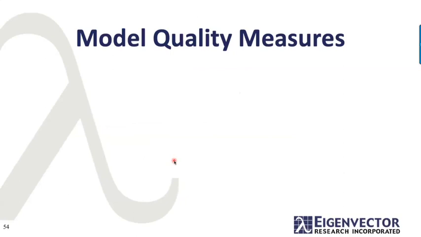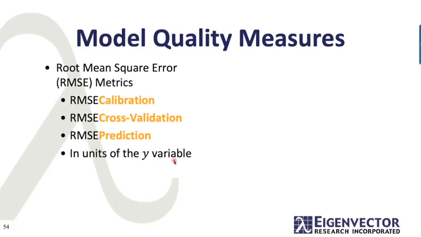Okay, before we talk about that, just a bit about model quality measures. We like the root mean square error metrics for the most part, and there's three of those: the root mean square error of calibration, cross-validation, and prediction.